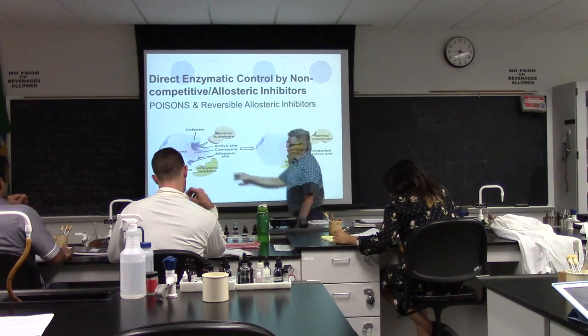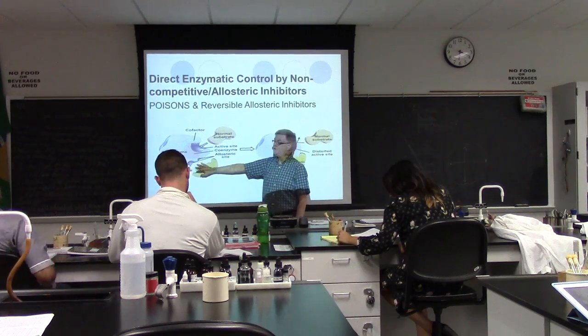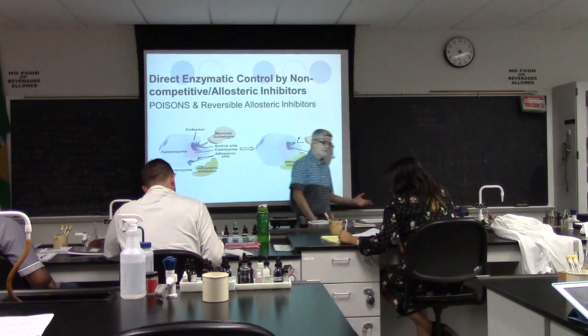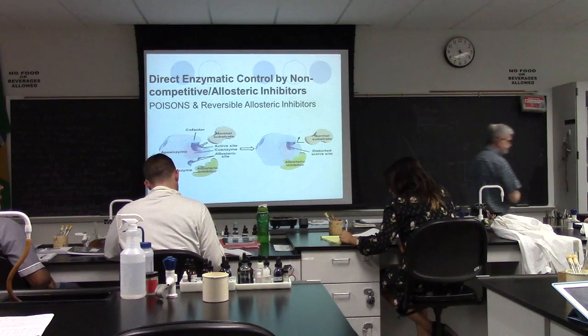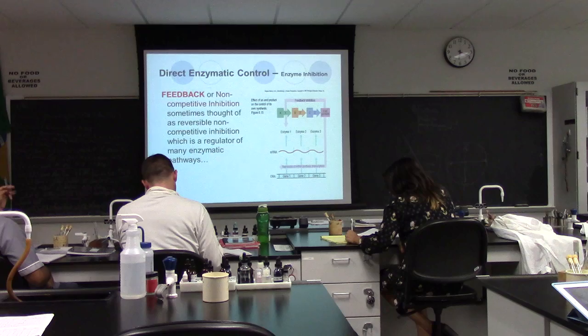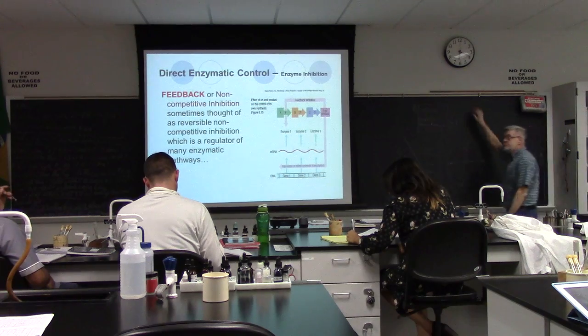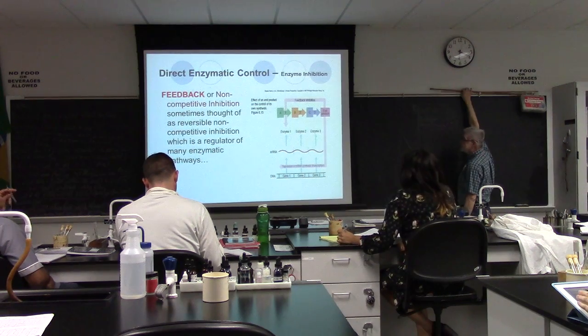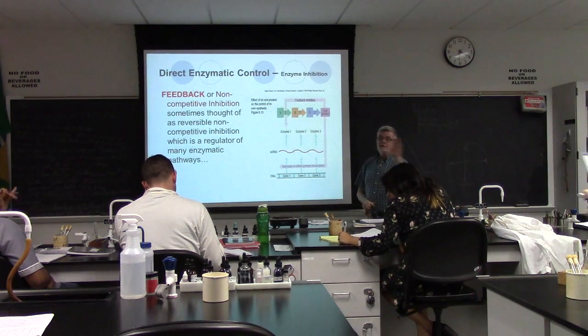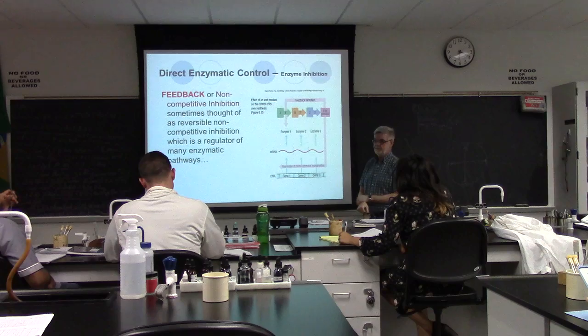Now, the cell uses allosteric inhibitors that are reversible to control enzymatic reactions, and the most famous one being feedback. Feedback is the best of all our direct enzymatic control mechanisms, but all of the indirect are better than any feedback.